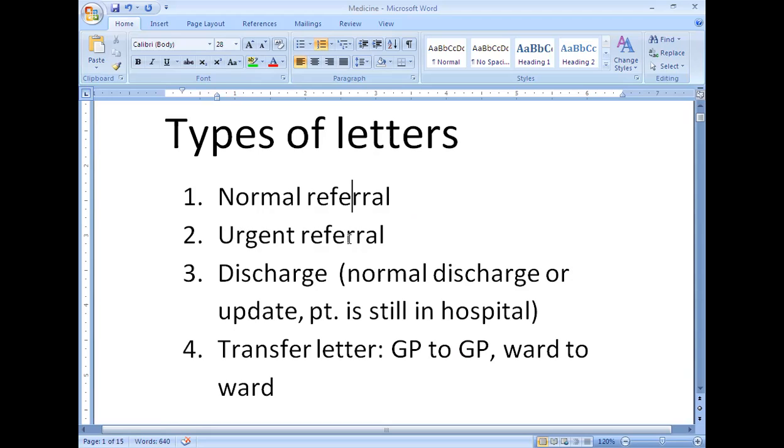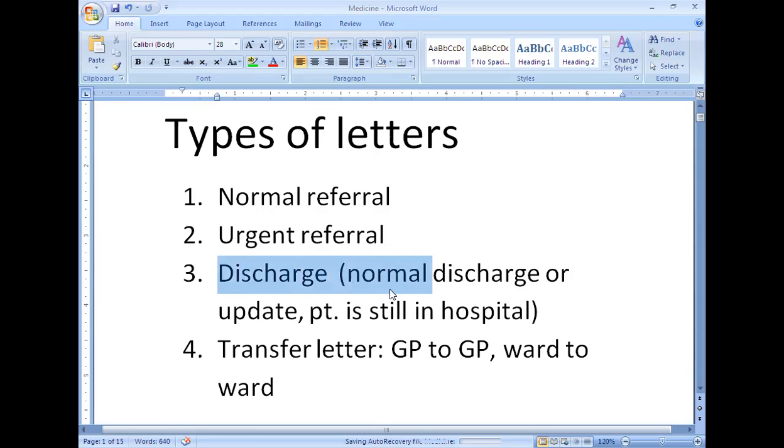Second one is urgent referral. Can you give me any example of urgent letter? Like stroke, acute stroke patient, myocardial infarction, cancer patients, and unstable angina. So any other emergency.